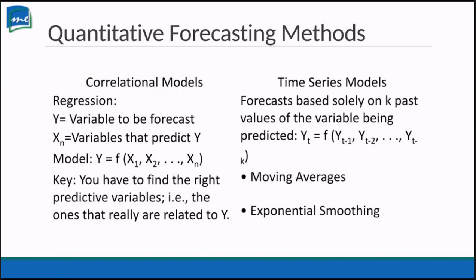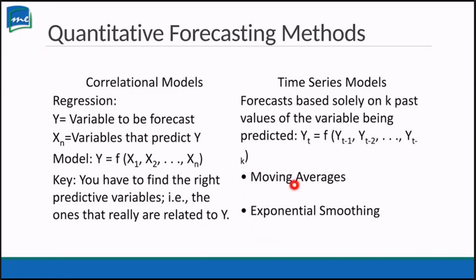And for the time series model, when you have the historical track record of the variable, namely if your primary source of data is the historical track record of the variable being predicted, then you can choose the simple, basic time series models. One is what we call the moving average and another is exponential smoothing.